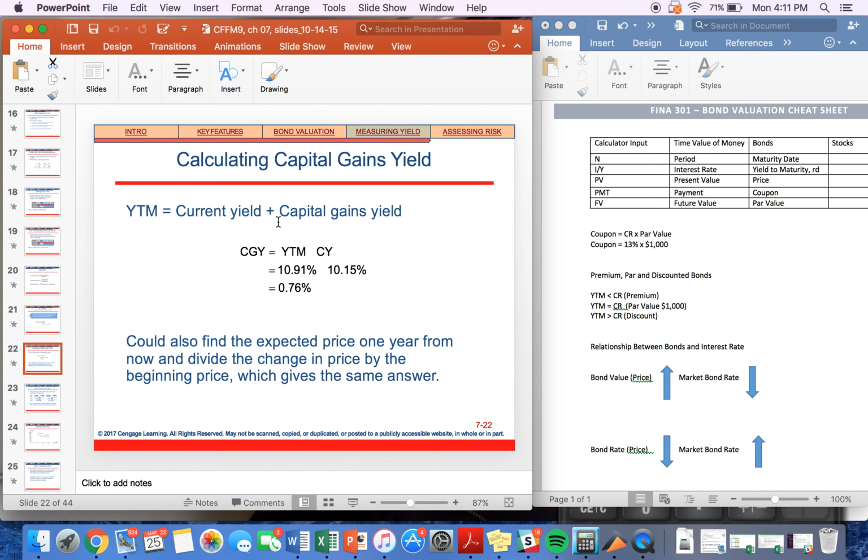So we could plug in the yield to maturity that we solved for in slide 18 and subtract our current yield, and that would tell us what our capital gains yield was. So we gained 7.76% on this bond. So not all questions are worded like that. Sometimes you're solving for your current yield. Maybe you're solving for yield to maturity. It just kind of depends, but those questions are actually very simple. It just takes a little practice on which factors you have and how to plug them in.